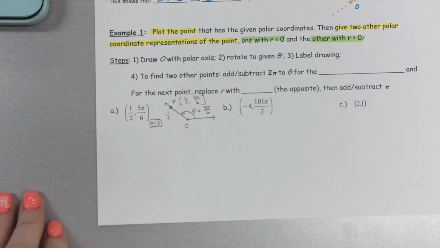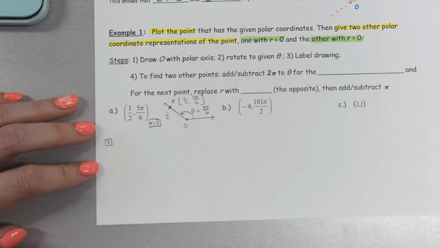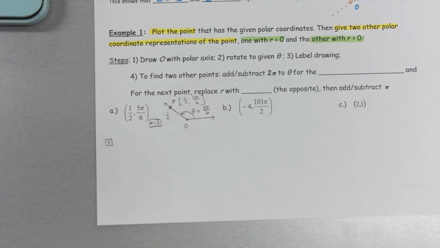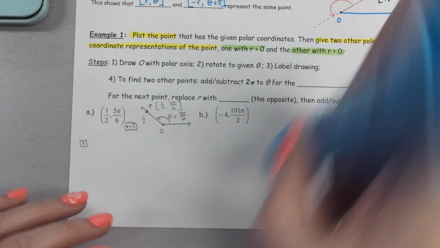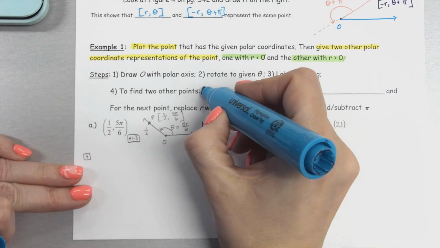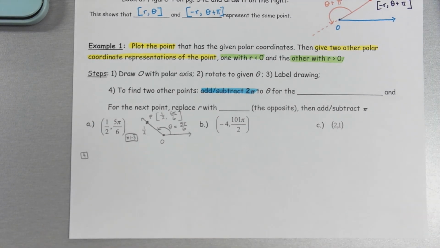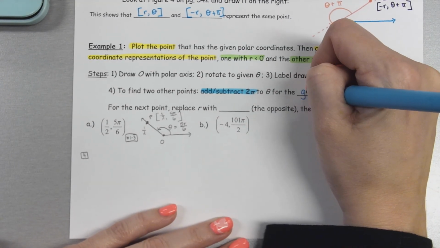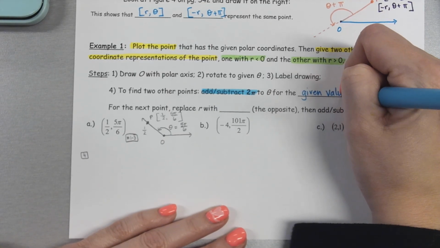Okay, that's your drawing. For step 4, you are going to find the 2 other points. So to do that, you can add and subtract 2π to theta for the given value. Sometimes the given value is negative, and that's okay.